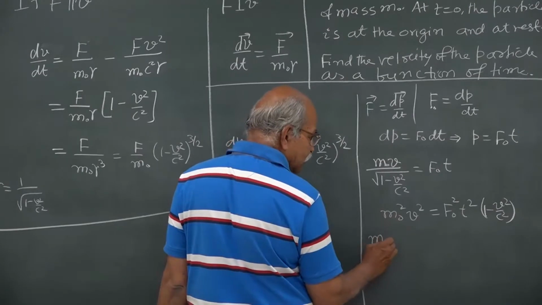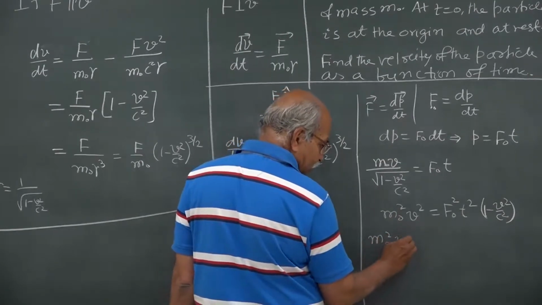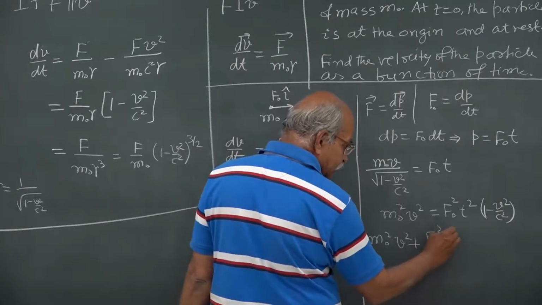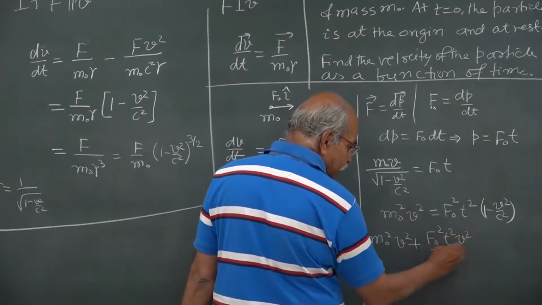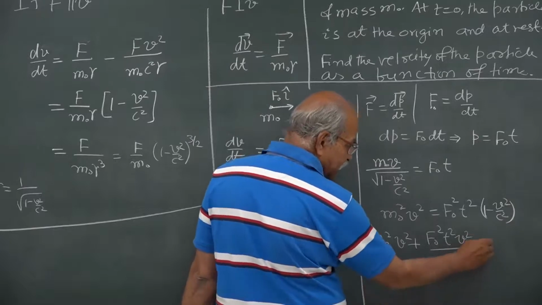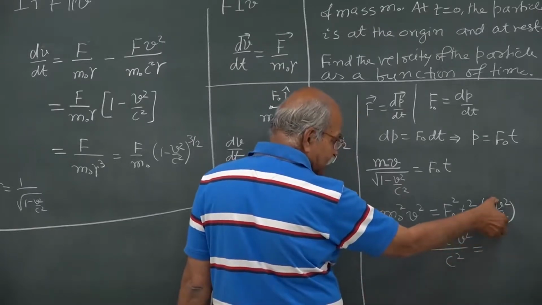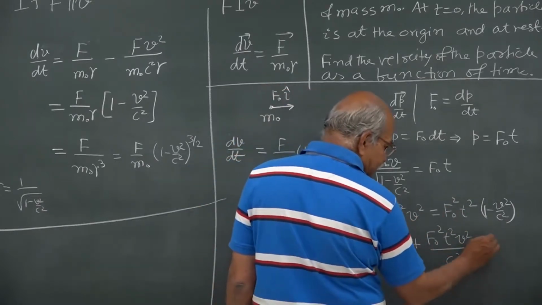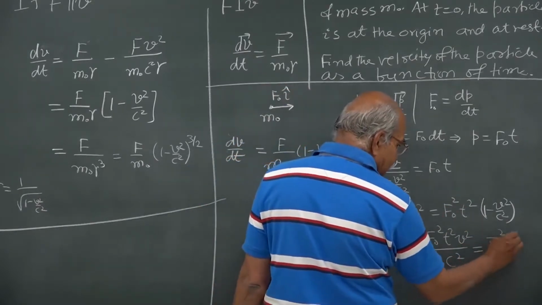So, you have m naught square v square plus F naught square t square v square by c square, and on the other side F naught square t square.